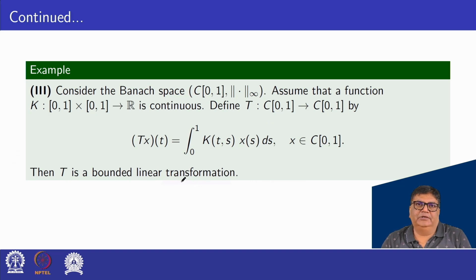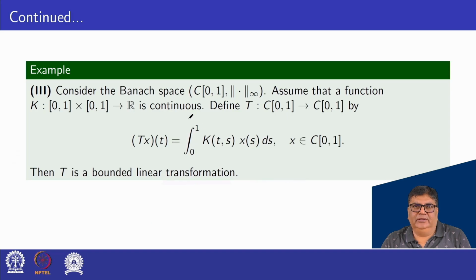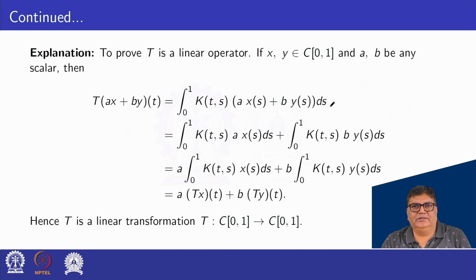Now we prove first T is linear. Let x, y belonging to C[0,1] and a, b be any scalars. Then T(ax plus by)(t) can be written as the integral from 0 to 1 of k(t,s)(a x(s) plus b y(s)) ds. As per the statement, this equals the integral of k(t,s) a x(s) plus the integral of k(t,s) b y(s) ds.